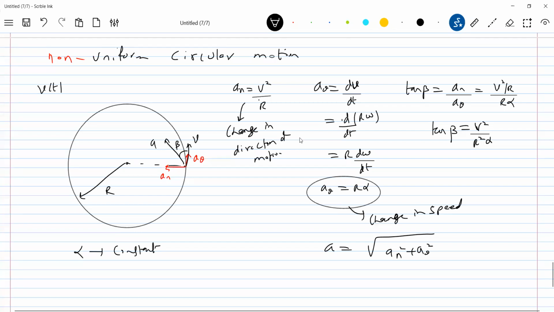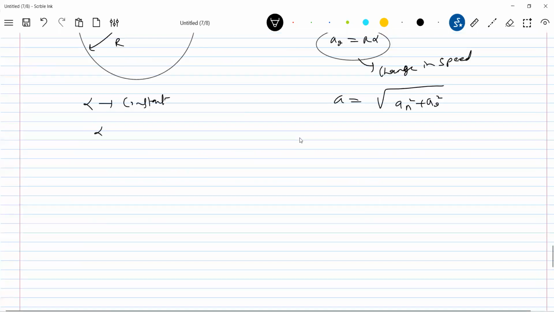So what is alpha? Alpha we know is d omega by dt. Let me integrate from 0 at t equals 0 to omega naught. Therefore omega minus omega naught equals alpha t.